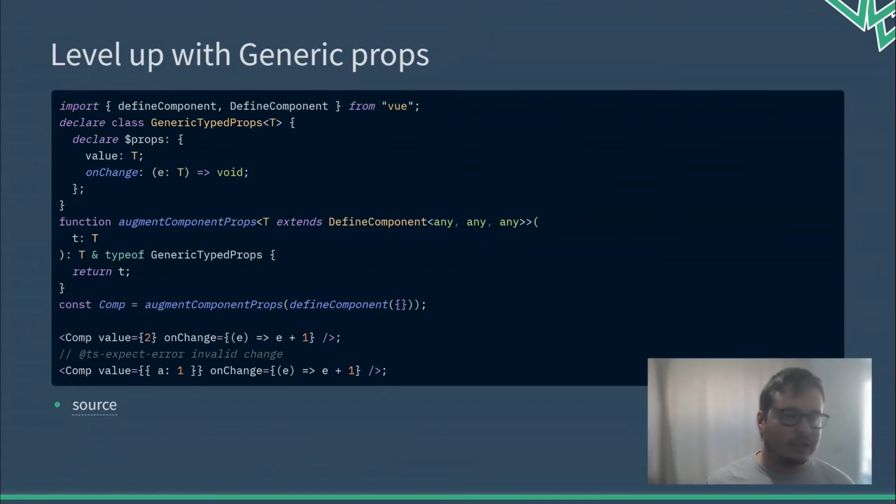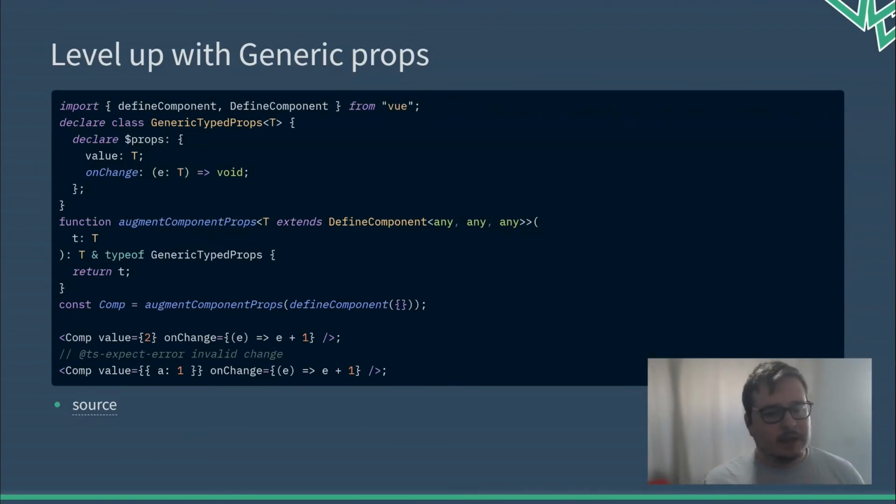Under $props, those are Vue properties, Vue keys, and those are the ones we rely on when building types. In this case, we just need props. That's what the render component needs, so that's what we're going to use.